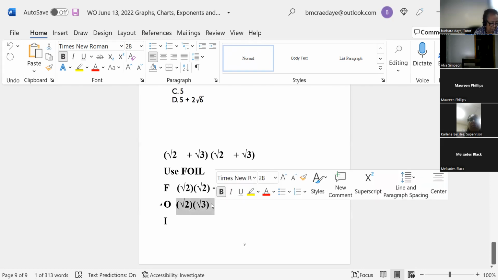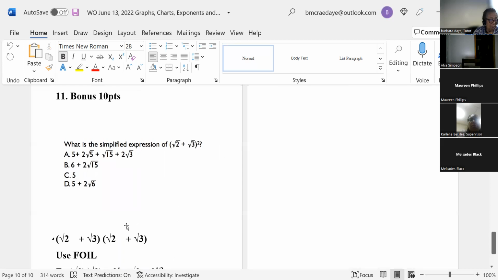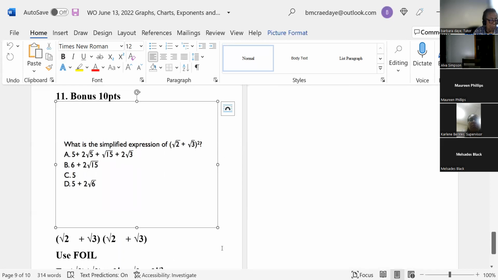Whether you put the square root of 3 first or after the square root of 2, it's still the same. So let me copy and paste. Those are the same, right?